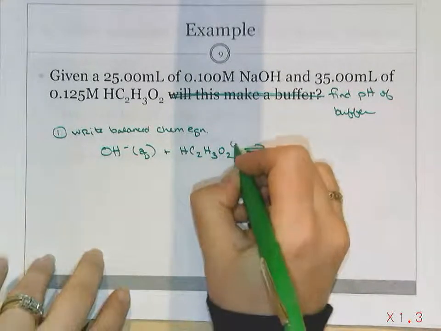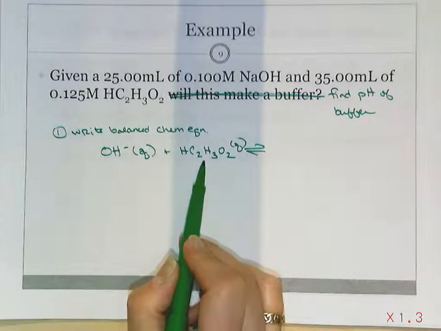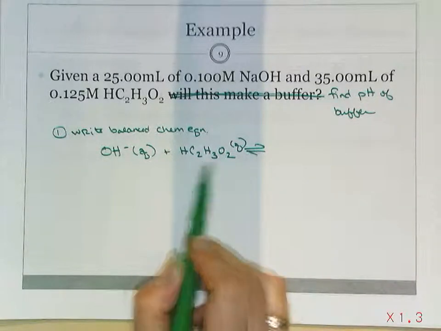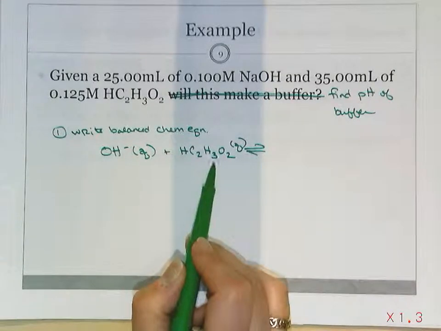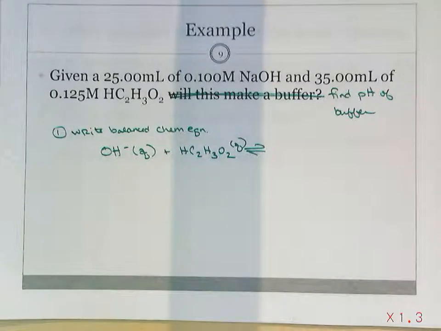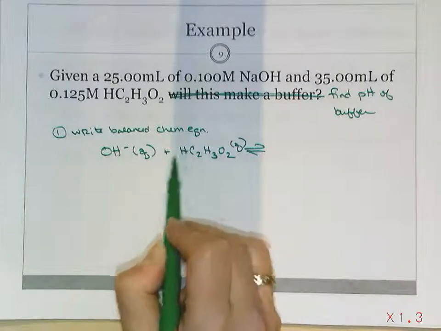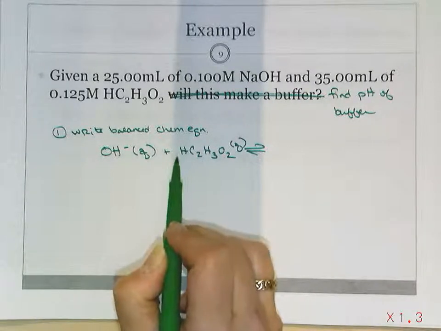So that's a strong base. Is this one of your 6 strong acids or 6 strong bases? No. So if I know that's a strong base, what is this most likely then? Weak acid. So I have a strong base, weak acid. So then what is going to happen to this proton off the weak acid? Is it going to get one more or is it going to give it away? Give it away, right? So we have to make water.